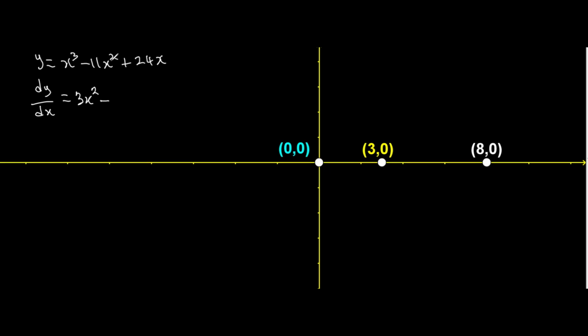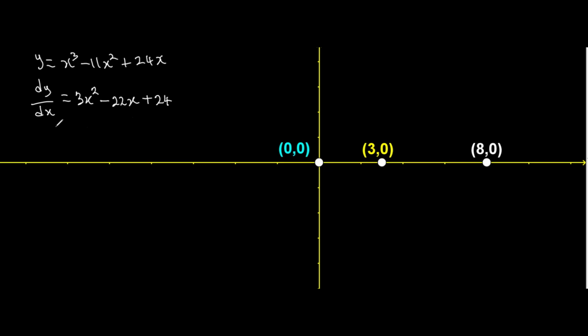Then, the second term, we multiply again, the coefficient of s squared is 11, we multiply by 2, that gives us 22, and we reduce the power by 1, so we obtain this. And then here, if you also do the same thing, this is 24s to power 1. If you multiply, we have this. And of course, if you reduce the power by 1, you have s to power 0, which is 1. So here we obtain 24 times 1, which is 24.